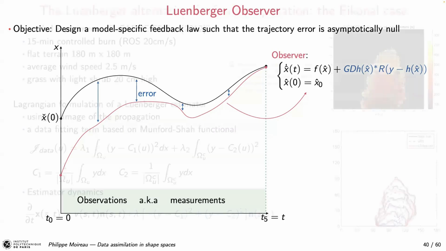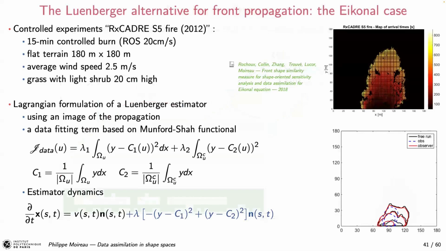So I give you 3 examples, for the 3 examples that I showed you at the beginning. Typically for the fire propagation, the idea was to define some kind of functional using the Mumford-Shah functional. And then to try, as what people do in image processing, to use the gradient of the functional here, just the gradient, with a lambda, which is now a scalar, not an operator, just a scalar.